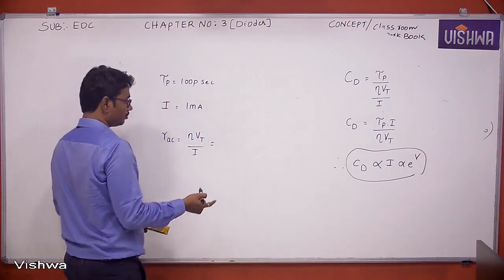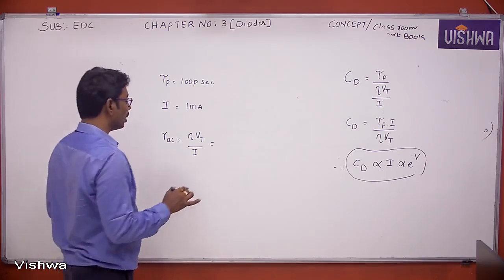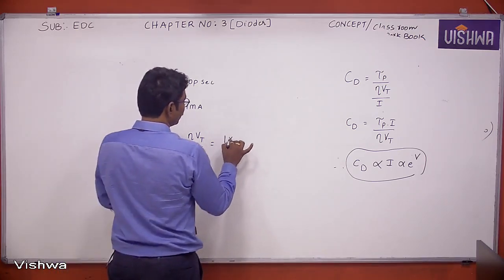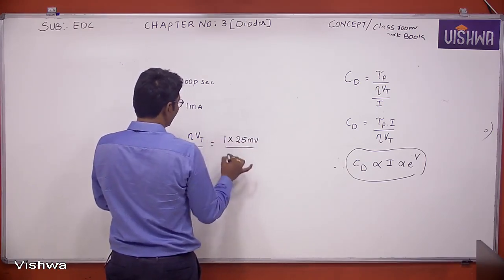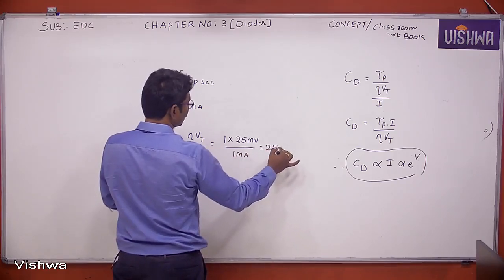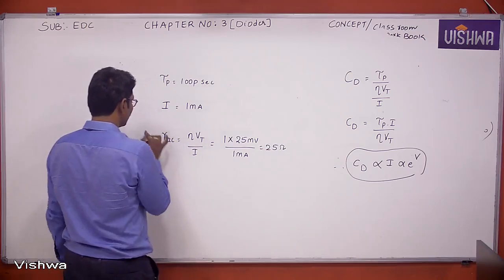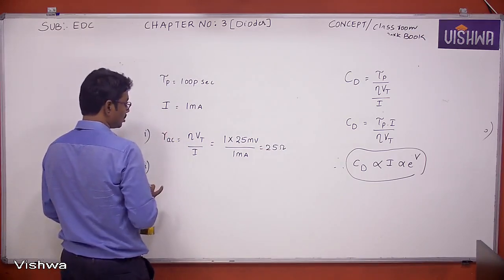In any problem where silicon or germanium is not mentioned, consider eta as 1 and VT as 25 millivolt. And I equal to 1 milliampere. Then what is the resistance here? 25 ohms. This is the small signal resistance.